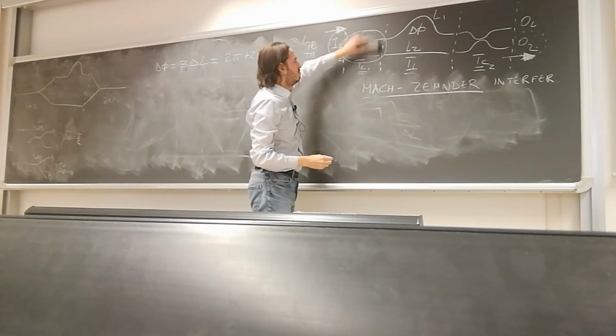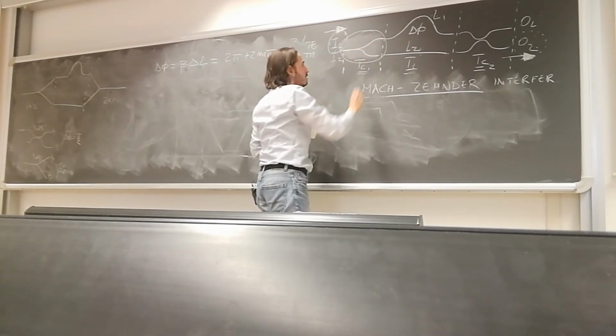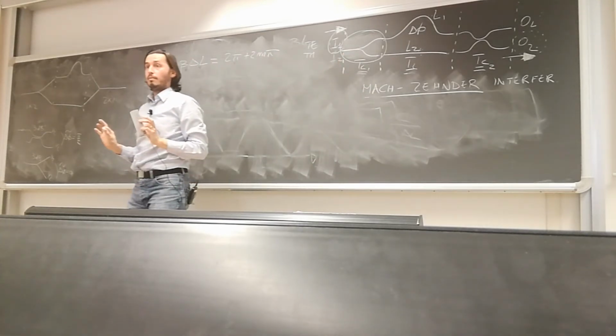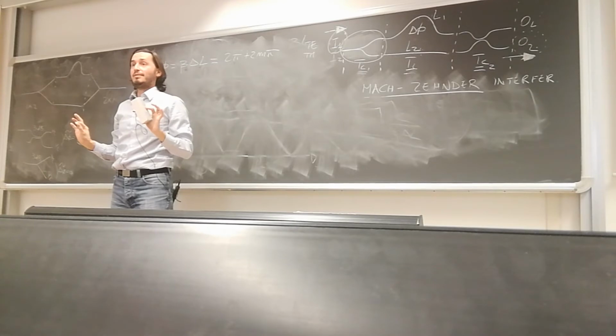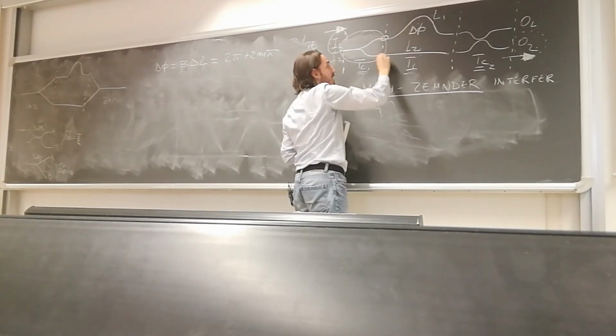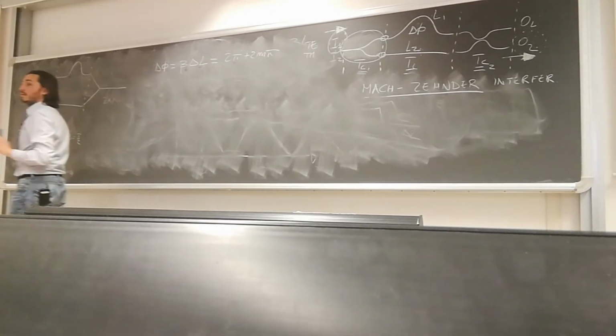So why this? I replace with this because this is less wavelength dependent. Big mistake. I have to rearrange something here because I have changed the phase shift at the beginning. Okay?